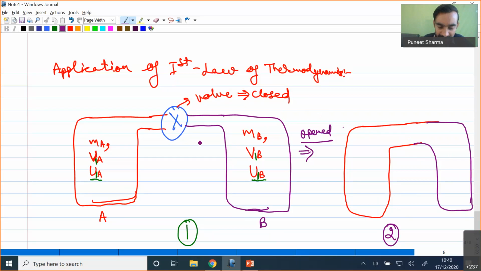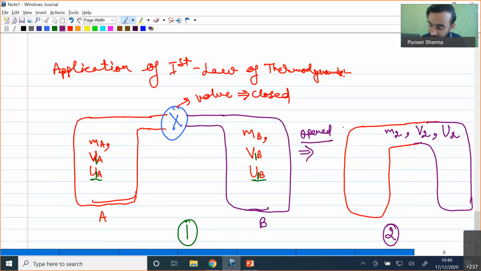Both the mediums from container 1 and container 2 will be mixing, and let me say that M2 is the mass, V2 is the final volume, and U2 is the overall internal energy after this mixing process has happened. This is a mixing process between the two mediums, and for it we have to determine the amount of energy associated with it, or how its final properties vary.